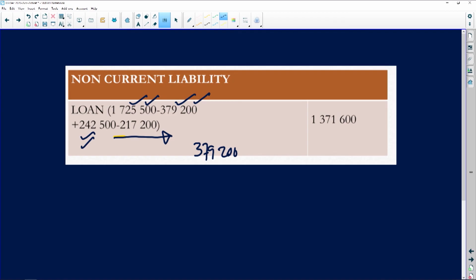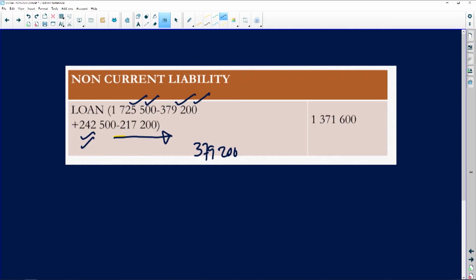Let's do that again. So it's 379,200, which was your total repayment this year, minus the 162,000, which you expect the interest to be, and there you are left with the 217,200, which will be your capital repayment for the next financial year.